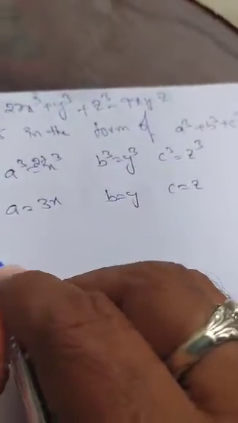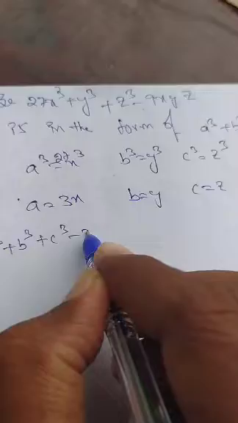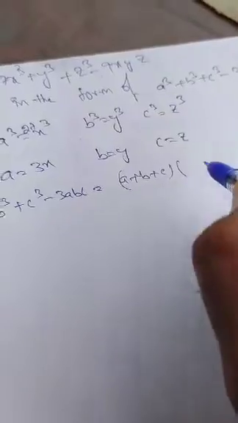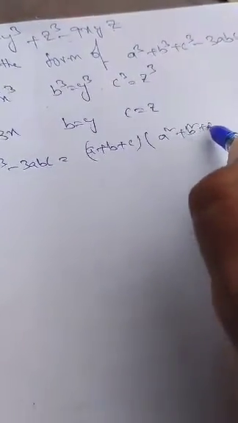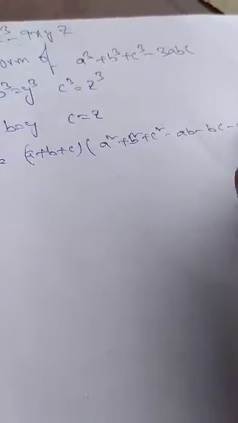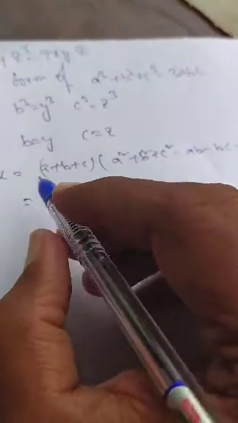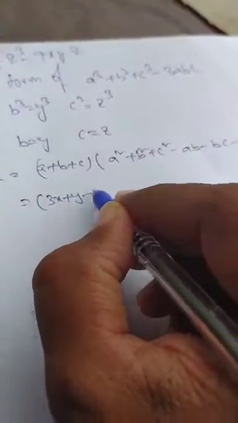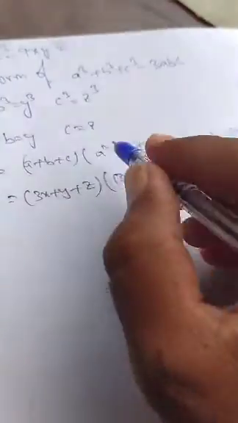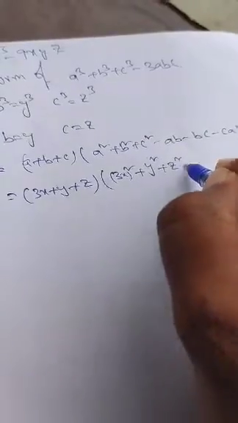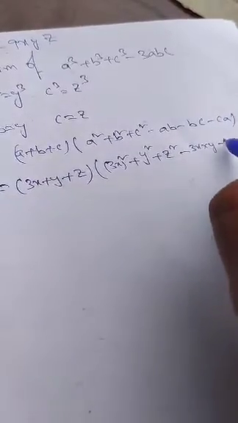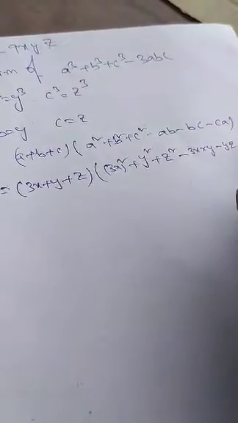So we have the formula a cube plus b cube plus c cube minus 3abc is equal to a plus b plus c into a square plus b square plus c square minus ab minus bc minus ca. So a plus b plus c will be 3x plus y plus z into a square will be 3x whole square plus b square will be y square plus z square minus a into b, 3x into y, minus yz minus z into 3x.